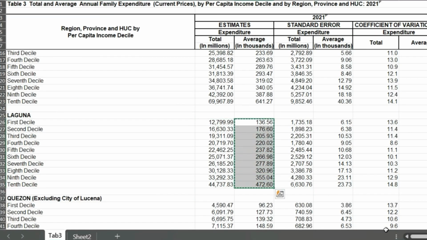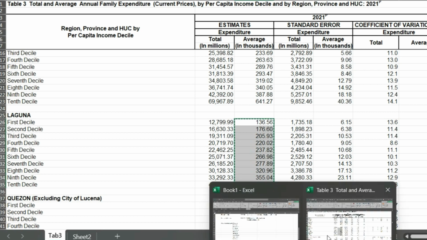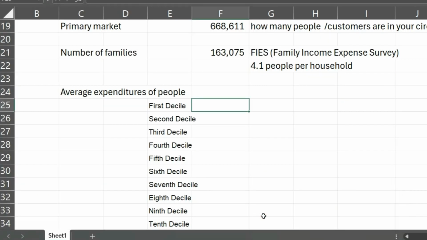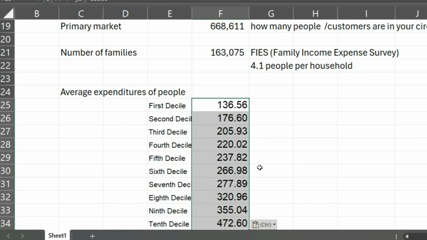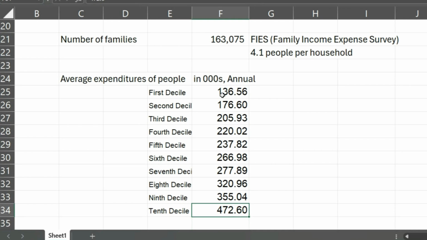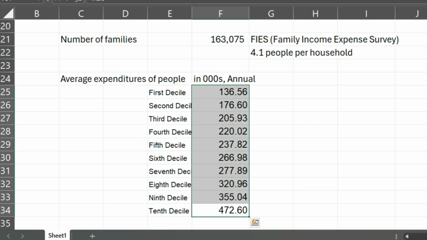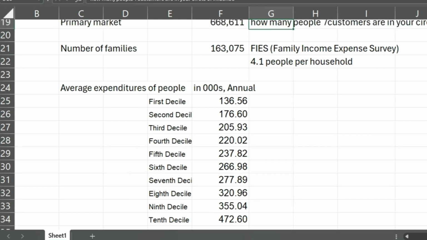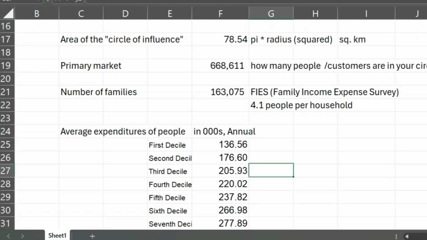So let's just make sure that it's not a formula. Okay, so this is in thousands, and annual. Okay, so that's the average expenditures of people.